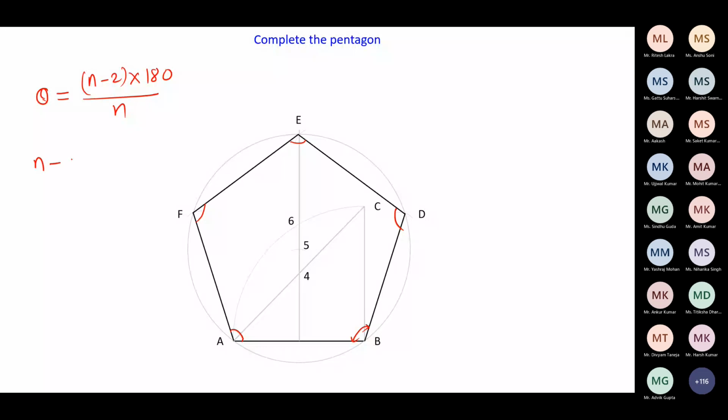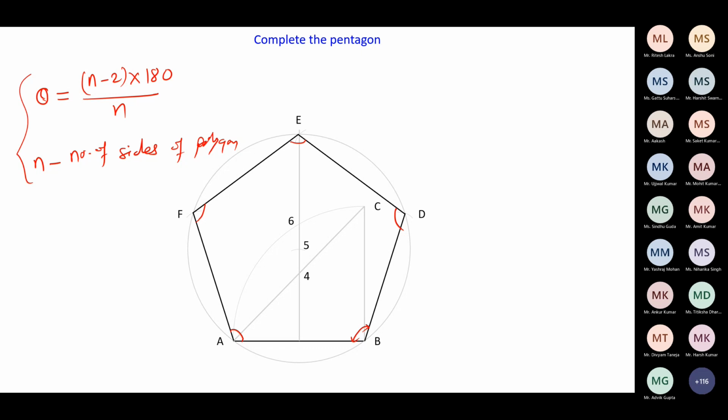So this n is the number of sides of the polygon. These methods are just for information, because you need to know how these constructions are made.